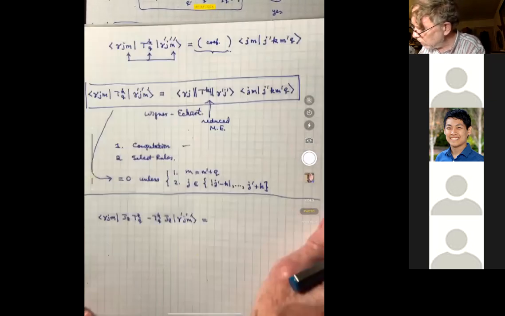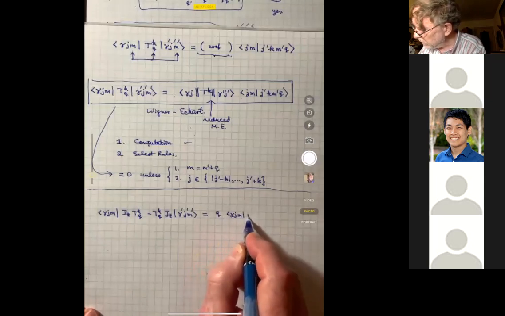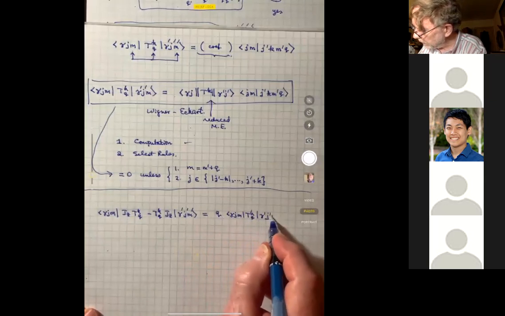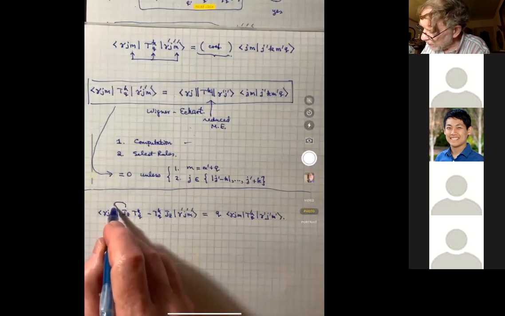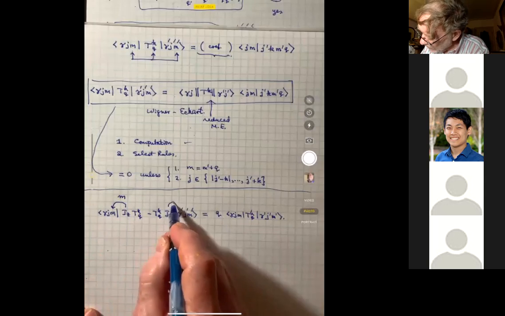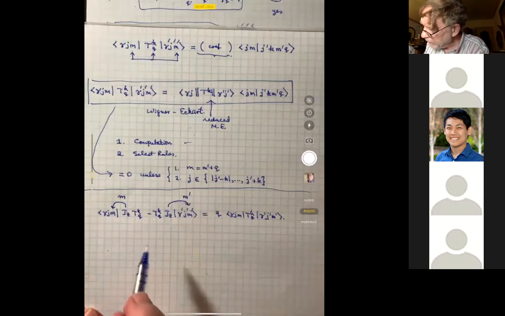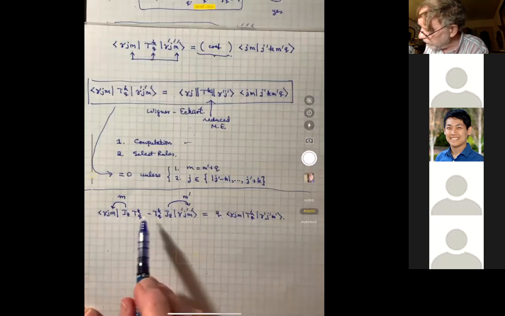So that gives me Q times gamma JM TKQ gamma prime J prime M prime, like that on the right. Now on the left, we let this JZ act to the left and it brings out an M, as you can see. We let that JZ act to the right and it brings out an M prime, as you can see. And then what's left over is just the matrix element of the TKQ, same factor in all three terms.